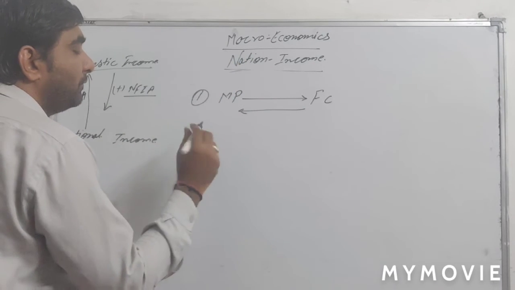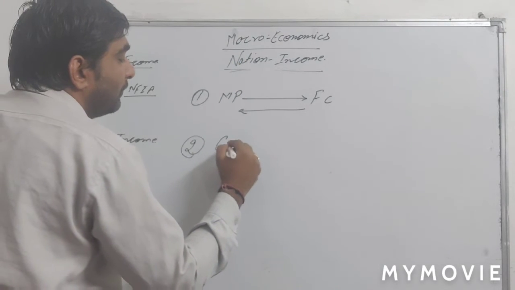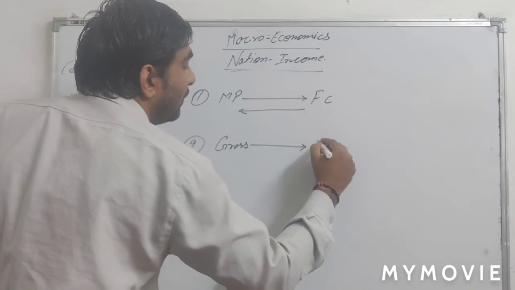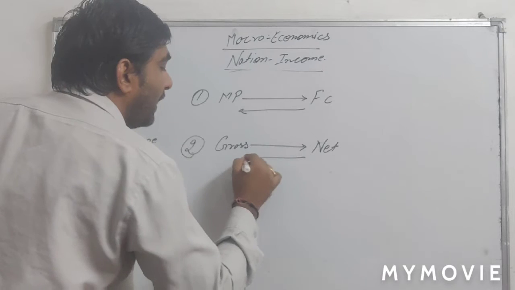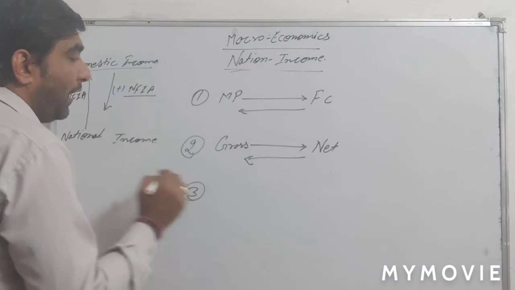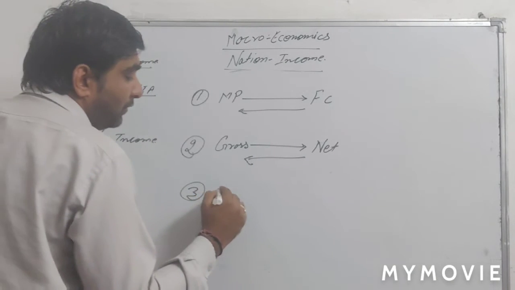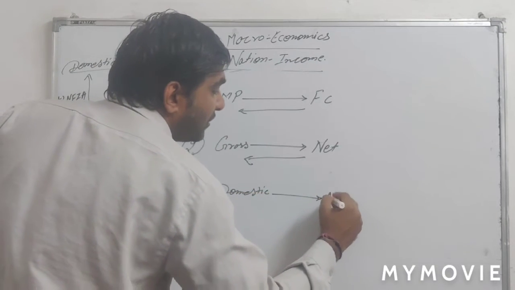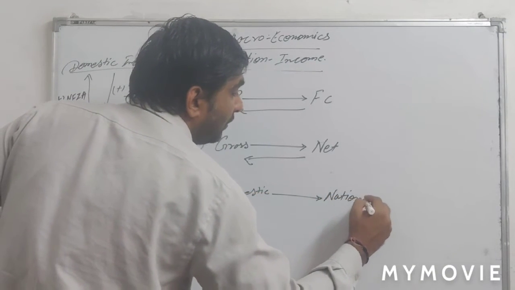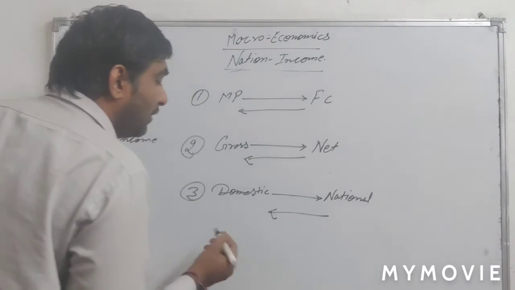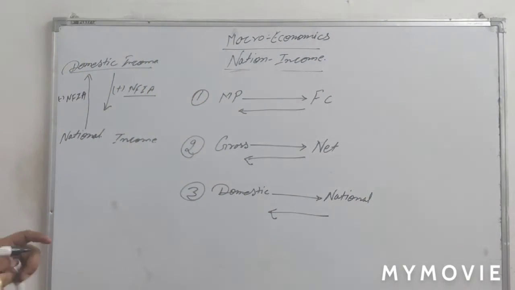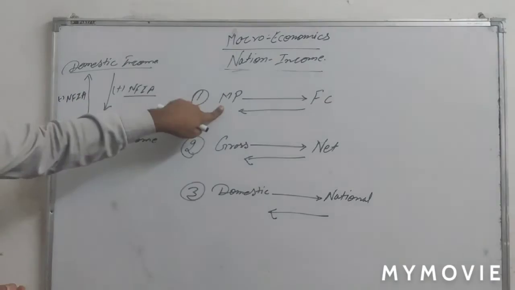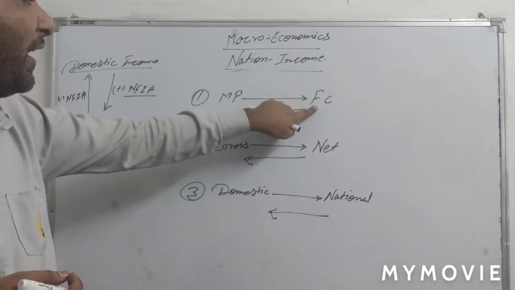Second, gross to net and net to gross. And third, domestic to national and national to domestic.